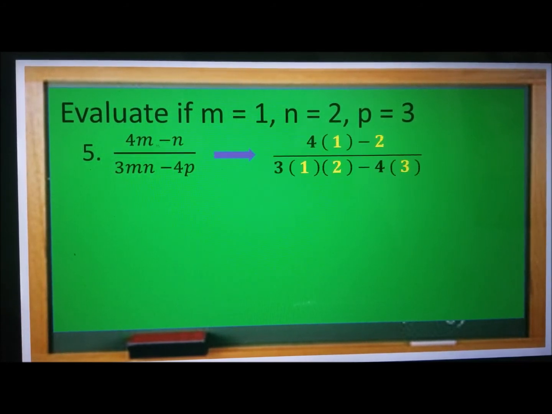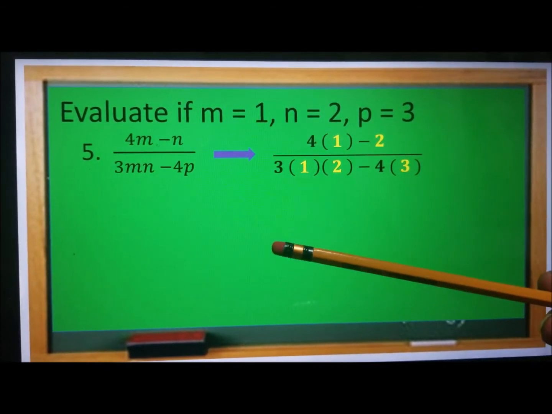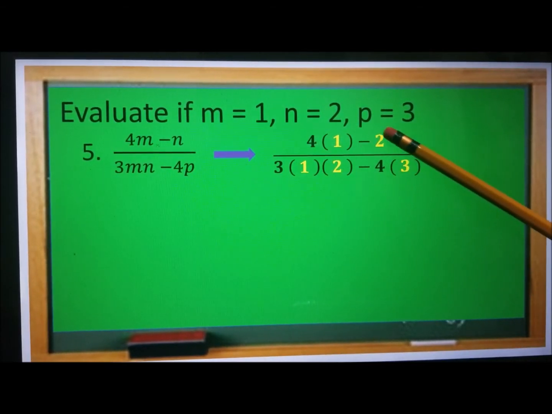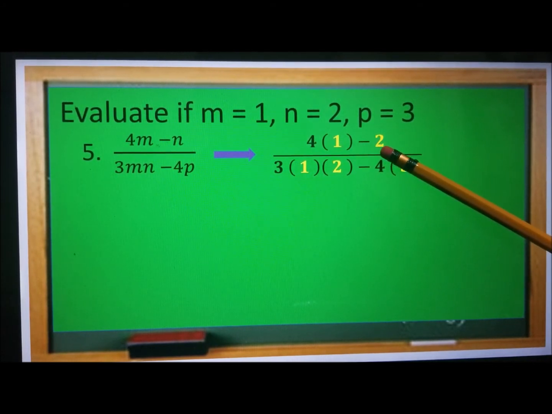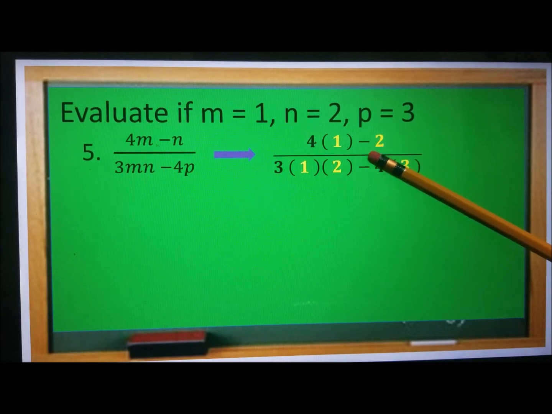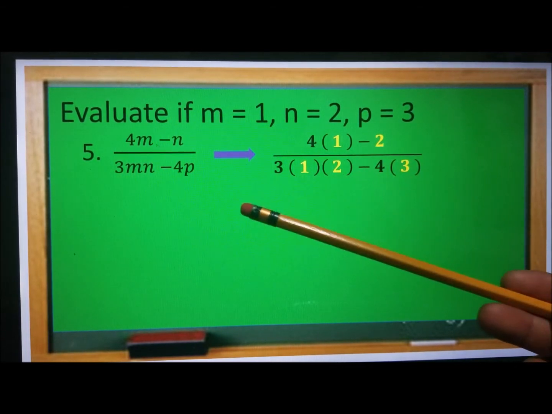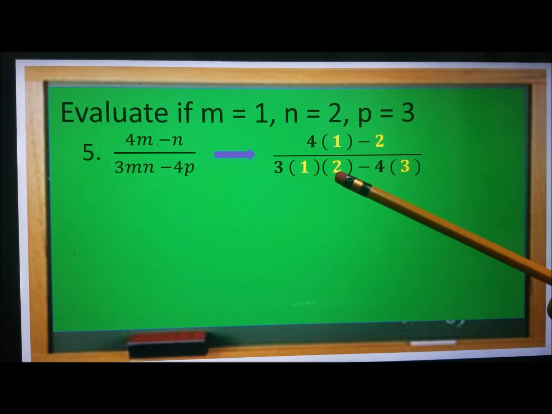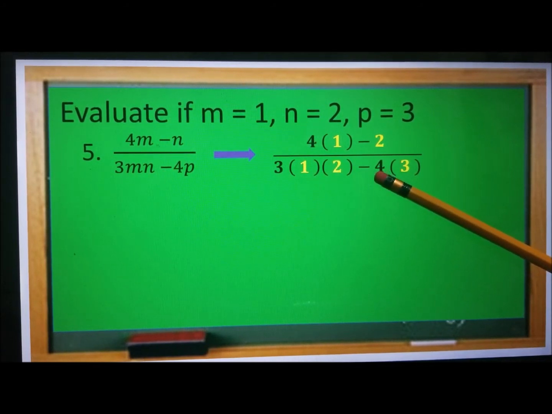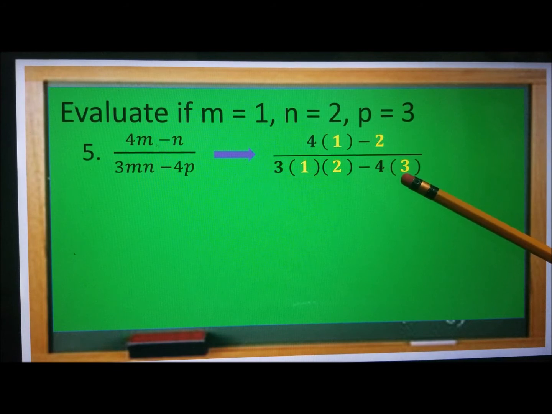So let us substitute the values of m, n, and p into the given expression. For the numerator, we have 4 times the value of m, which is 1, minus the value of n, which is 2. And for the denominator, we have 3 times the value of m times the value of n minus 4 times the value of p.